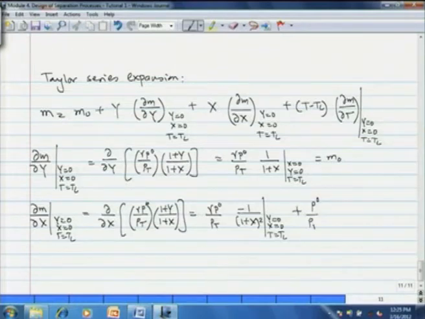Now here the activity coefficient is also a function of x, so we take variation of that as well.